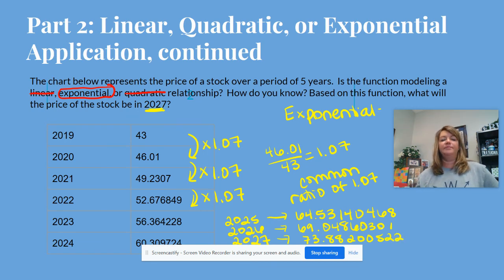There's a point there. All right. So that's what it is. And the price of the stock will be in 2027.